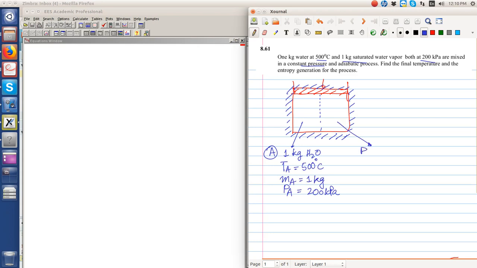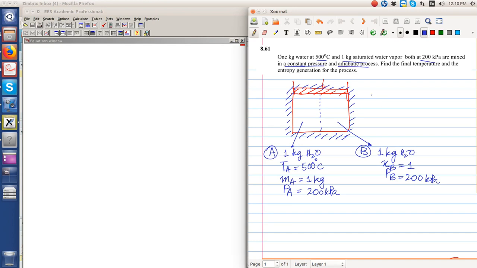The other chamber contains saturated water vapor, 1 kg H2O, XB equal to 1, at 200 kilopascal. The process is a constant pressure adiabatic process.